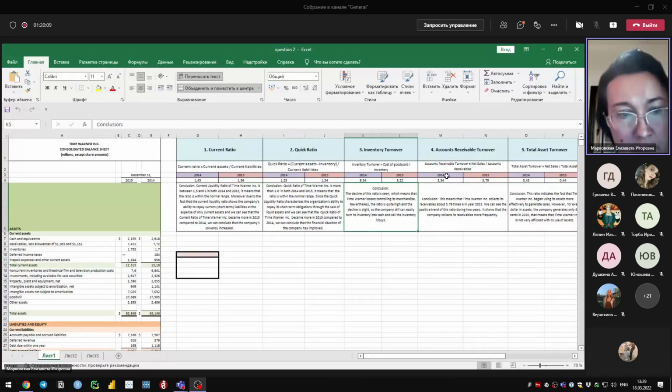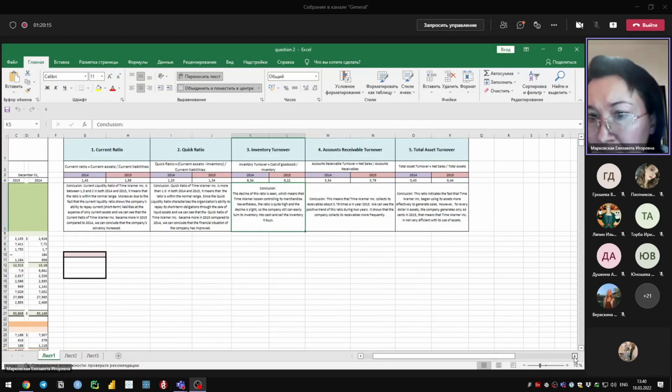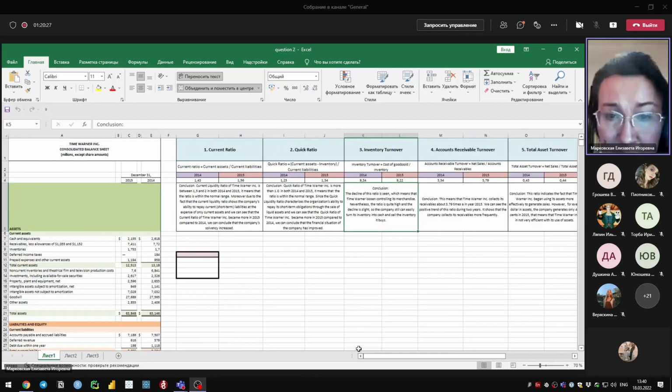So in my file you can find some ratios. Oh, sorry, there is no industrial comparison, but I have compared with the previous period.